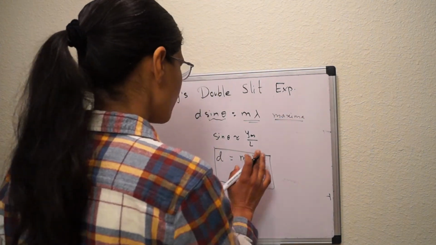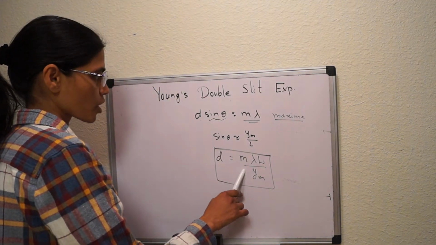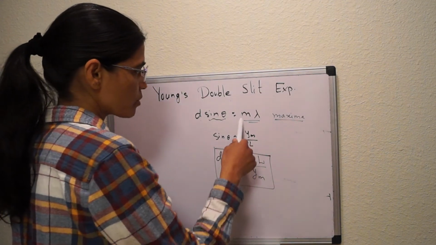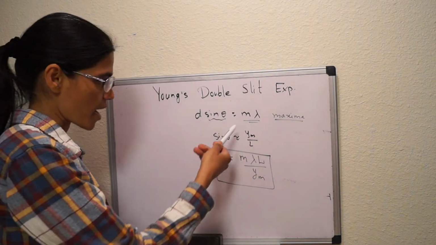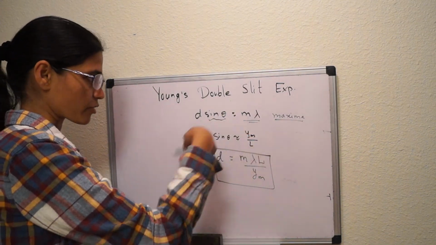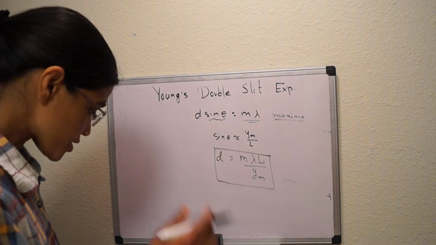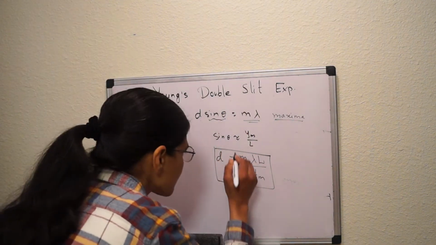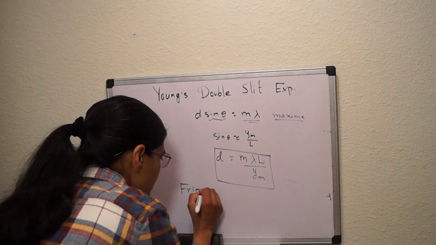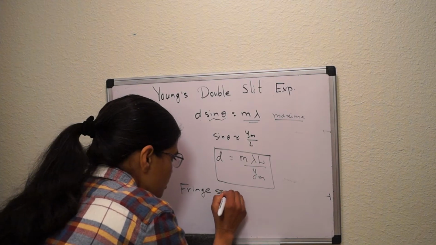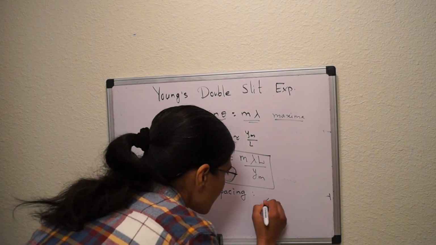So d equals m lambda L divided by Ym. This is the condition for maxima. If we have a minima, this m we would replace by m plus half, times lambda, and that would give us the minima. We also looked at fringe spacing, delta y.